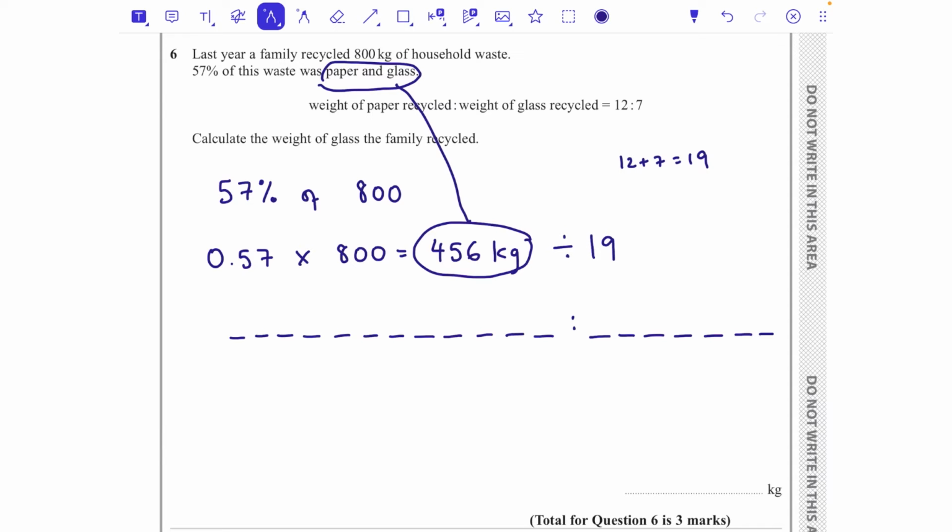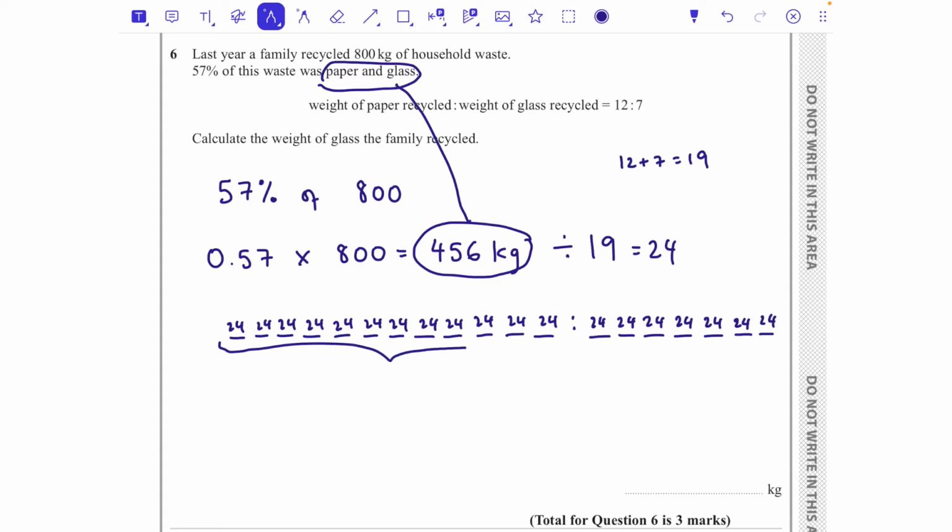So 456 divided by 19 tells me that I've got 24 on each of those little lines. Now I could write them all in. I'm probably not going to, no, I've committed now, so I'll do it. 24 on each of those little lines. And that tells you how much is going to be paper and how much is going to be glass. So on the left-hand side, we've got 12 lots of 24. And 12 lots of 24 is going to be 288 kilograms of paper.